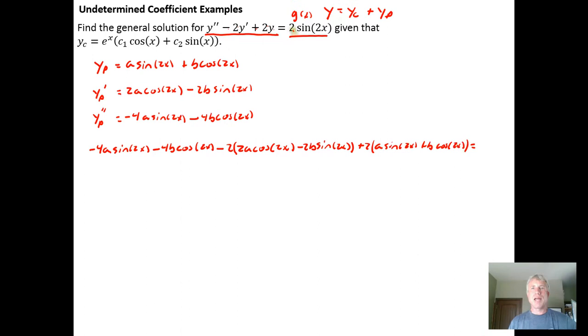And this all needs to add up to the driving function 2 times the sine of 2x.